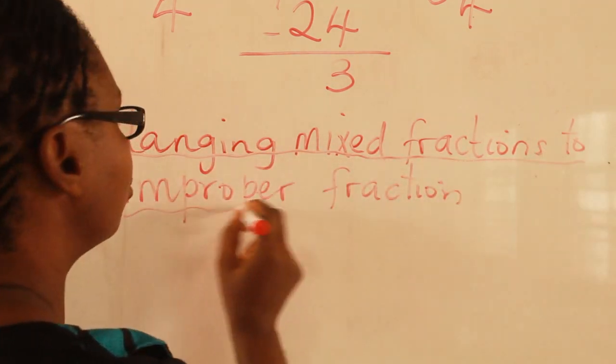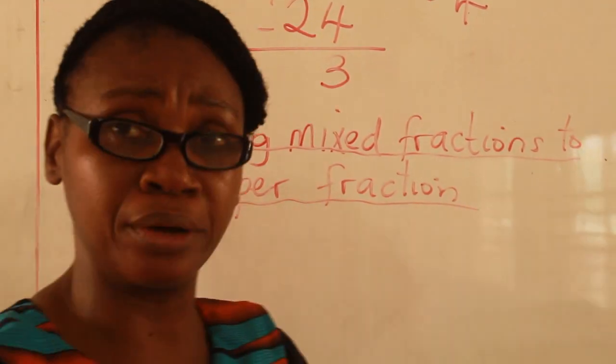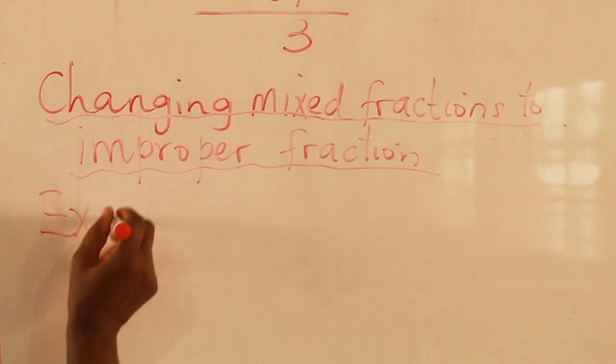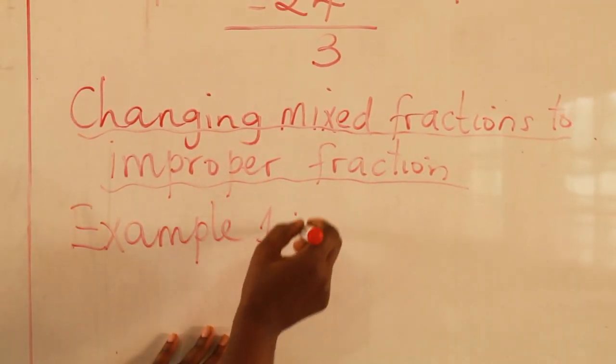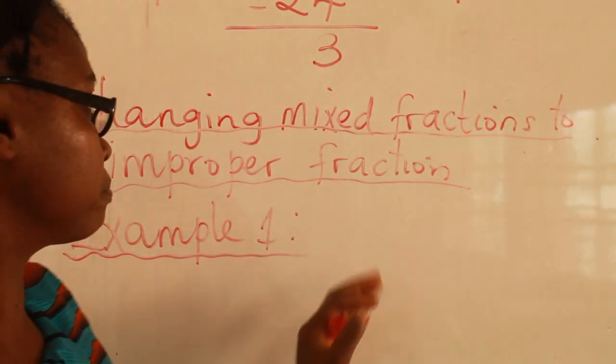Okay, at least you get to know the subtopic of what we are going to do now. I bring in some examples. Number 1 of changing mixed fractions to improper fractions.